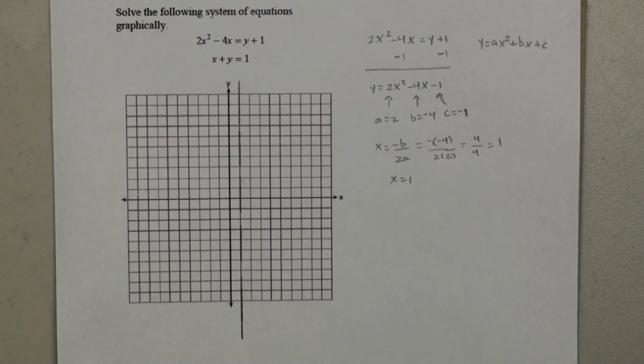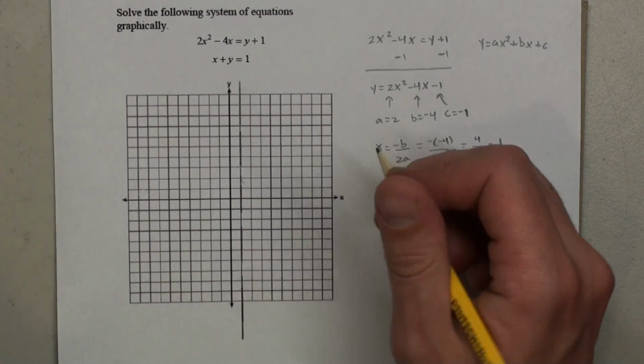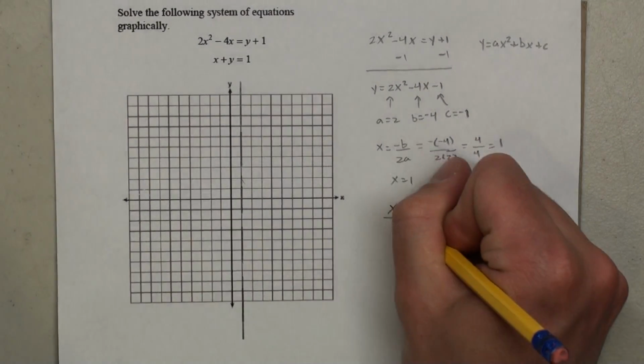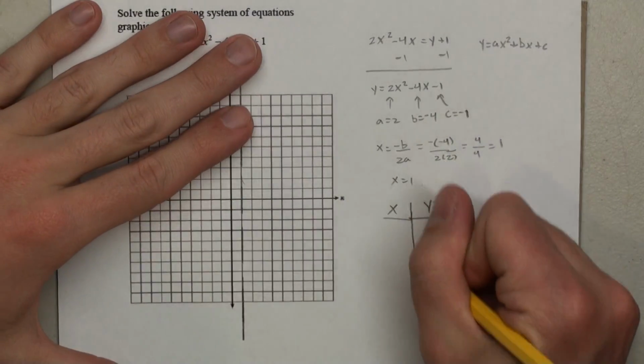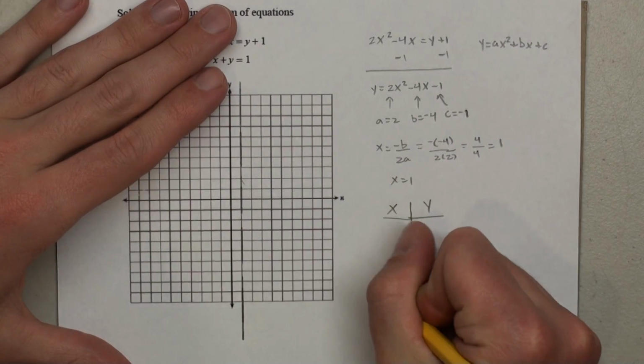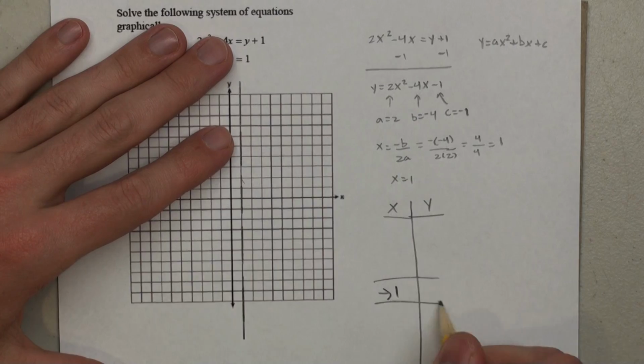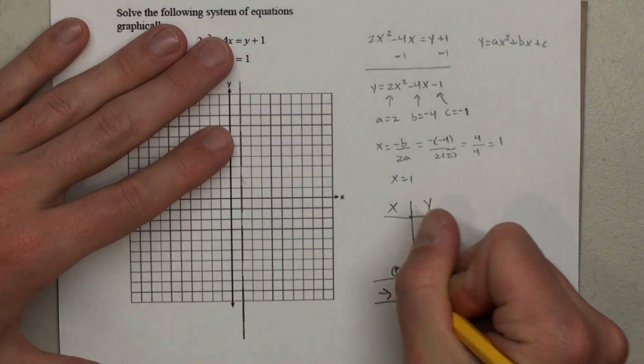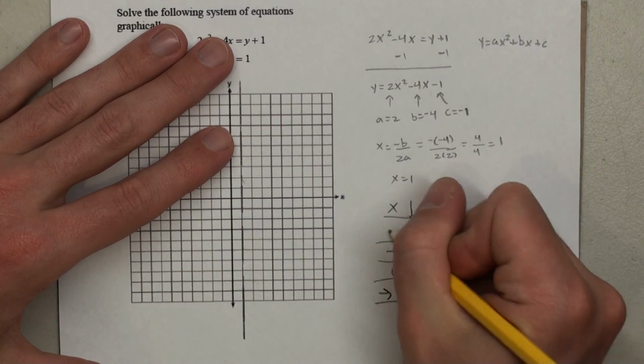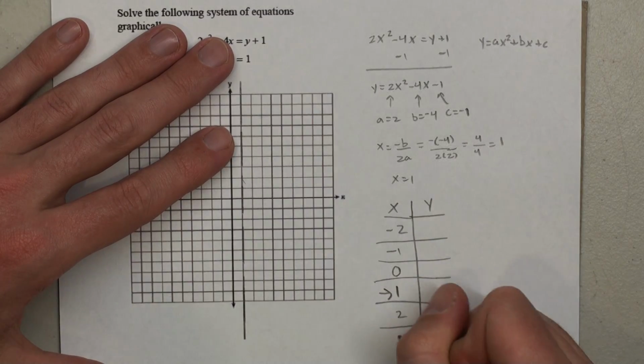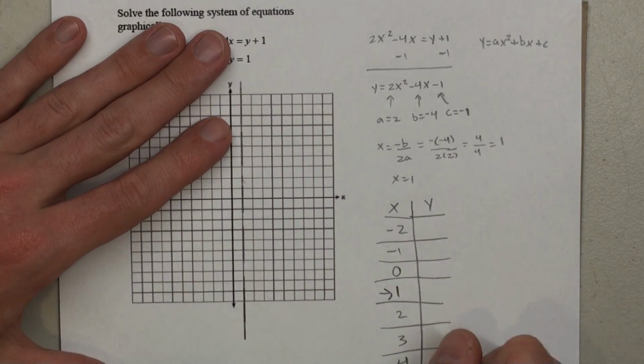Okay, it's hard to see that, but that's the line x equals 1. Now let's use our table. And 1 we know is going to be the middle value. And we're going to want to do 0, negative 1, negative 2, and 2, 3, 4.